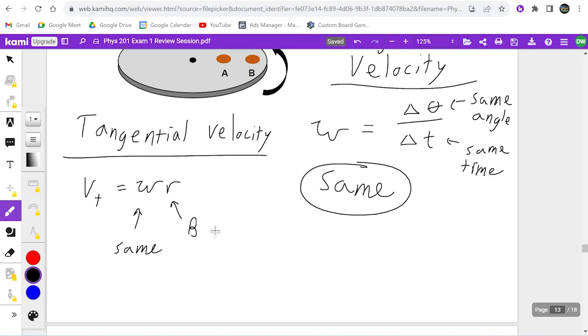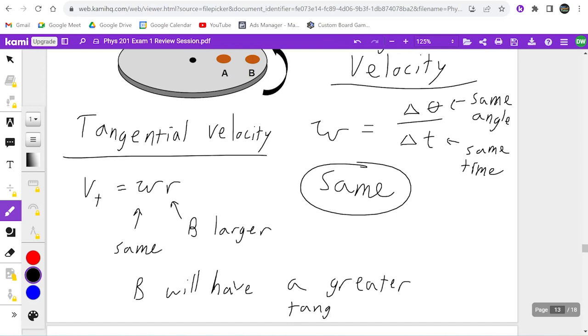The radius of B is larger, which means that B will have a greater tangential velocity. And that's because it has a larger radius.